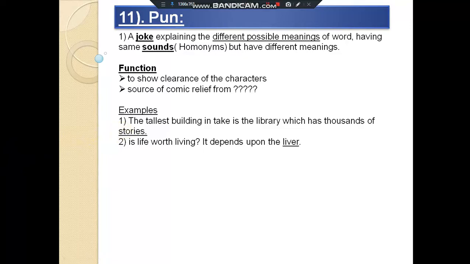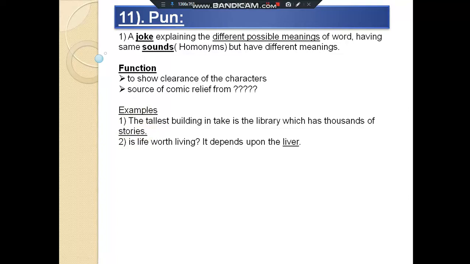And the other meaning can be that this huge building has so many portions, so many stories. So this is another meaning of the word. So stories is an example of pun: one word having the same sound but different meanings.